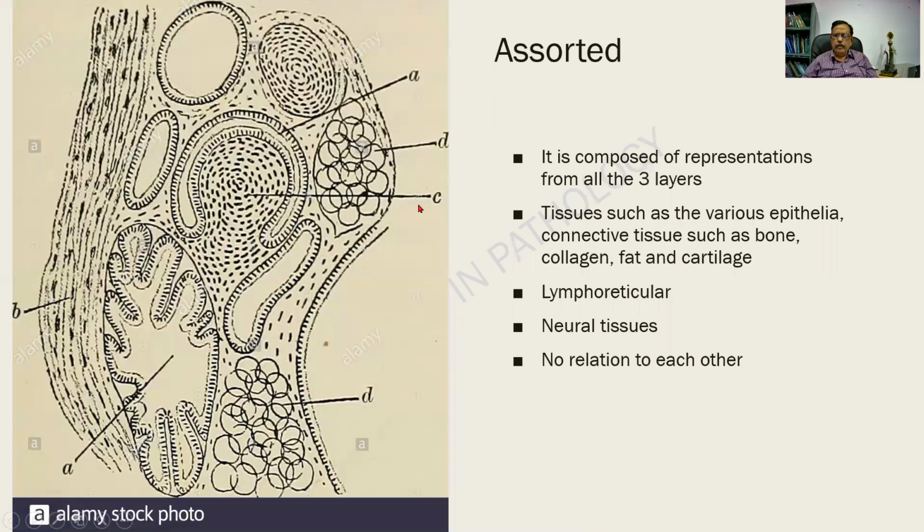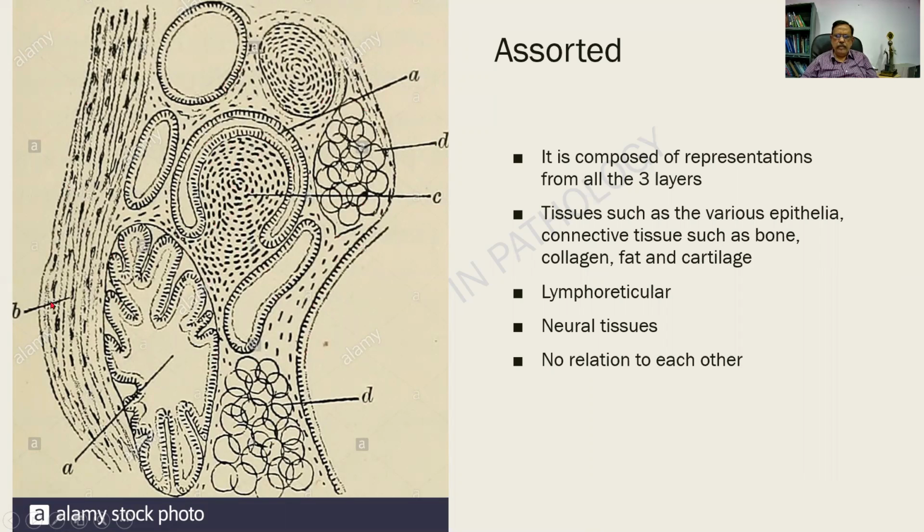And this is a beautiful line diagram that I had picked up from the photos. And I would like you people to draw this diagram. So there are glandular spaces, and then there is some kind of a neural tissue. There are fat cells or adipocytes. Again, glandular element is over here, the supporting stromal connective tissue.